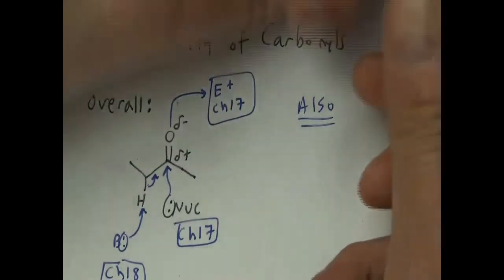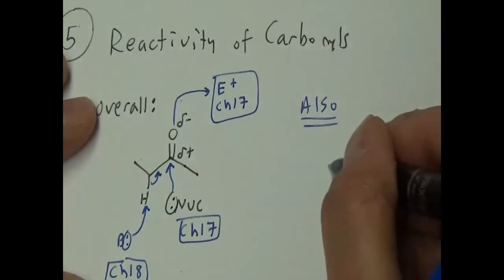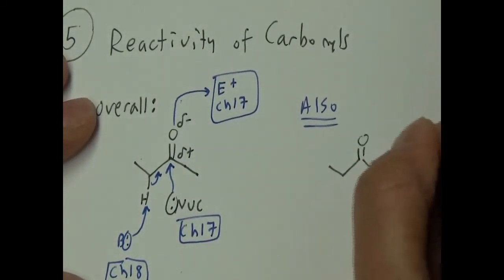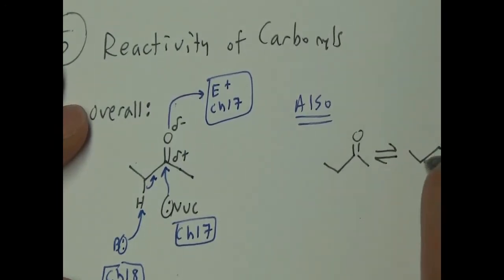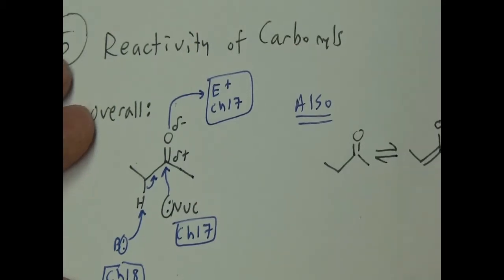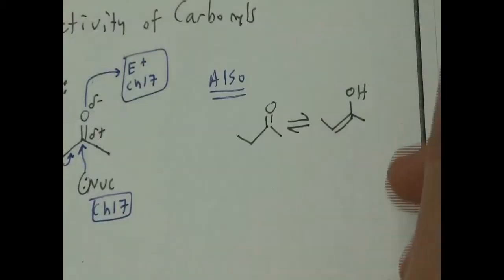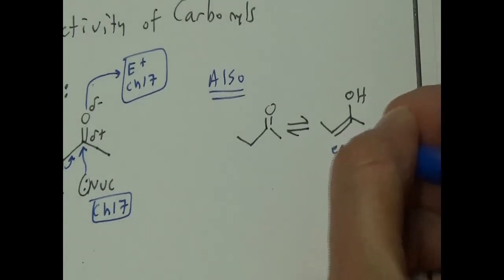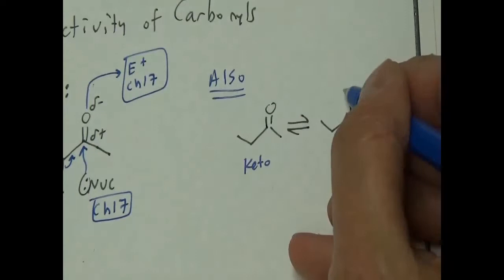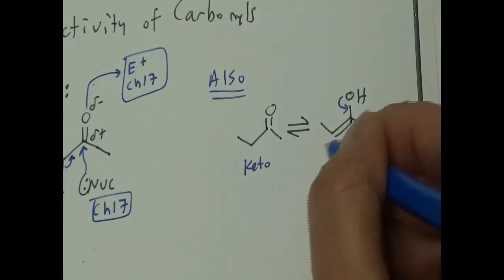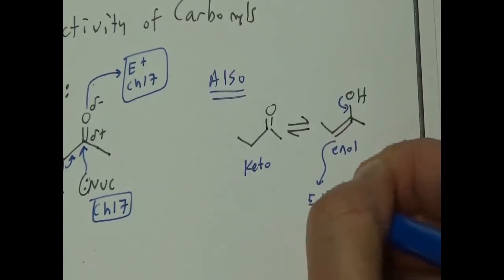Alright, and just as a preview, another thing from chapter 18, the next chapter, is that if you have a ketone, it can tautomerize to the enol. So we'll start learning about enols pretty soon. Enol, keto. And the enol can actually go attack stuff, electrophiles.